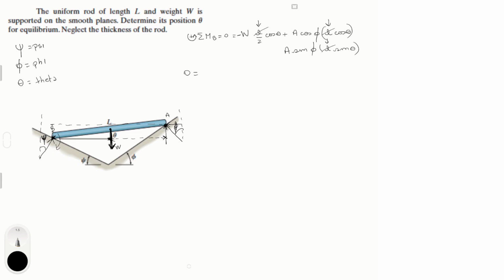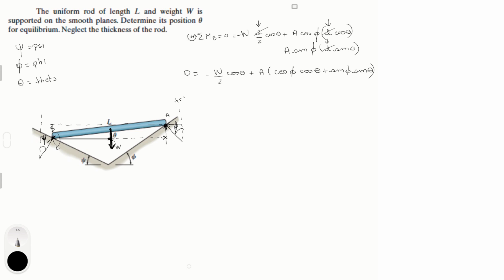So simplifying the equation, I have the first term, which is minus W over 2 cosine of theta, plus, and on the other two terms I'm going to factor out the A, so I have A times cosine of phi cosine of theta plus sine of phi sine of theta. Cosine of phi, cosine of theta, sine of phi, sine of theta. I'm going to move a little slower and double check that I don't mess up any letters, because I don't want to confuse you by making mistakes.